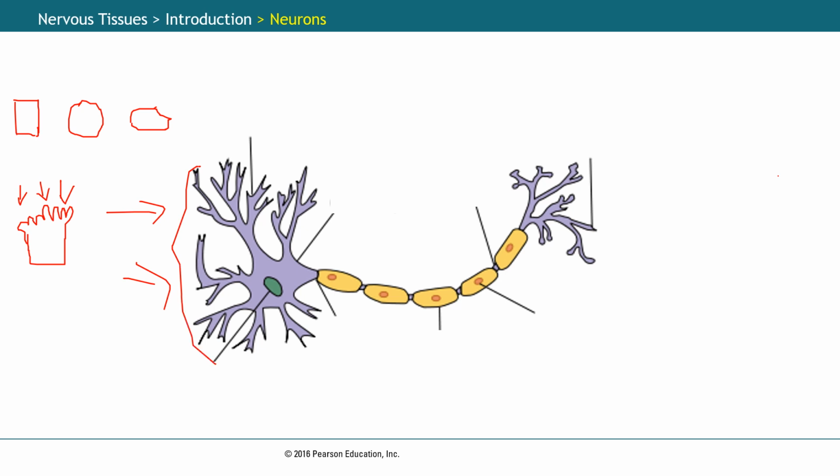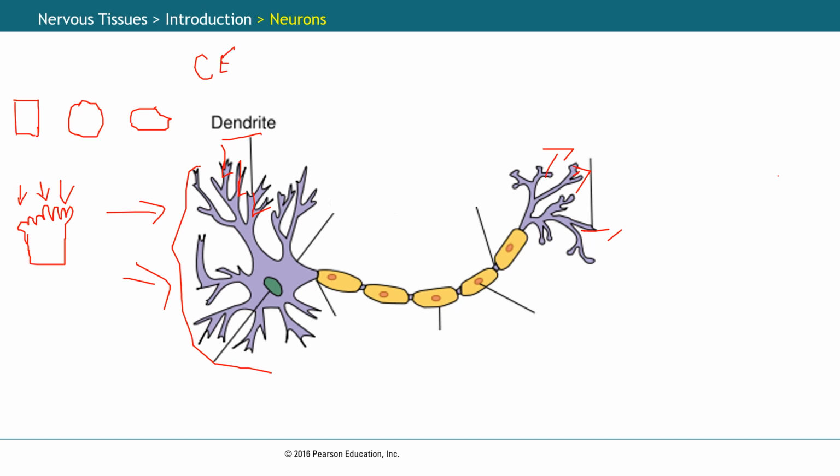so you will be able to receive more signals and send more signals. Remember that this region is called the dendrites, which look like the branching of a tree, and if you want to compare it to your body, this would be like the ear.